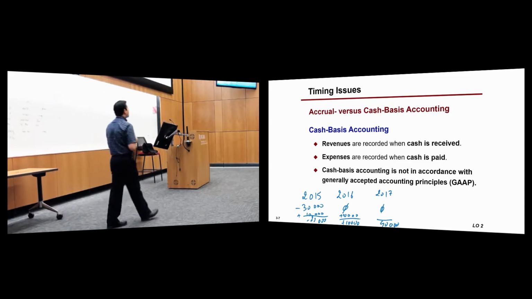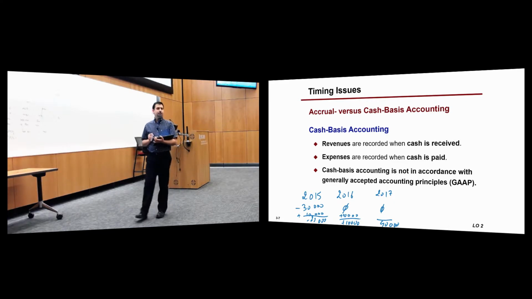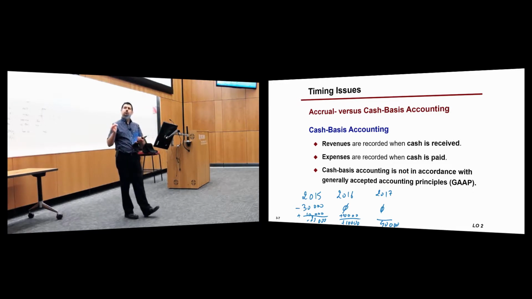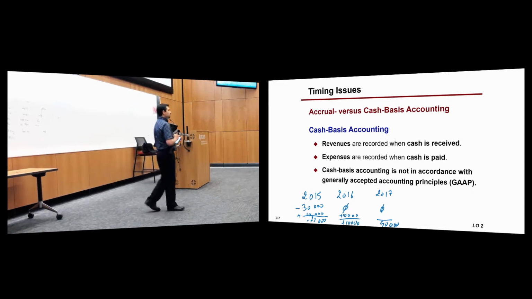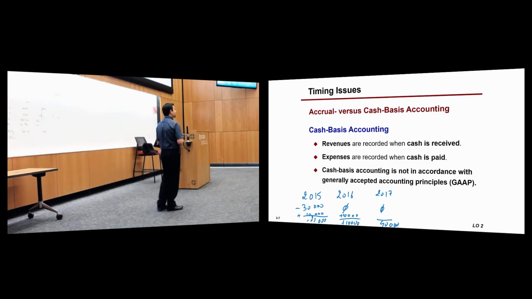That's why, according to US GAAP, companies are not allowed to use cash basis accounting. Companies are required to use accrual basis accounting. All publicly traded companies are required to use accrual basis accounting. This is where they recognize the revenue when the service is provided or the sale is made, and they recognize expenses when they are incurred.